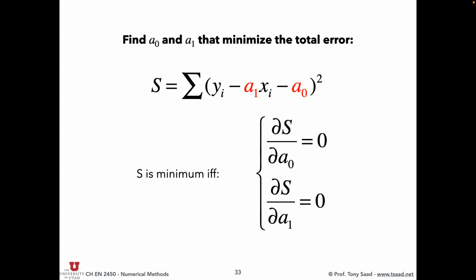We might have 1,000 terms in that error summation, but there are only two unknowns, A1 and A naught. And to minimize that error with respect to those two unknowns, you have to satisfy those conditions. Well, to find the extremum, but we know this is going to be a minimum because this is regression, etc. So we agree to that.